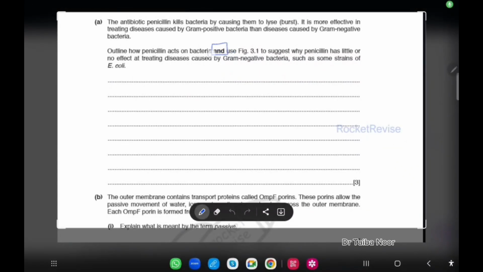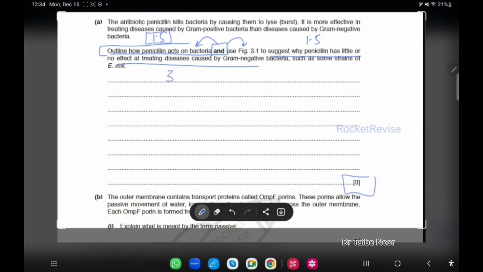Note where the question is split by a conjunction or joining word, like here, and. The word and divides the question into 2 parts. Outline how penicillin acts on bacteria would be 1.5 marks, and suggesting why penicillin has little or no effect would be 1.5 marks. To justify these 1.5 marks, we need to write 3 points each.